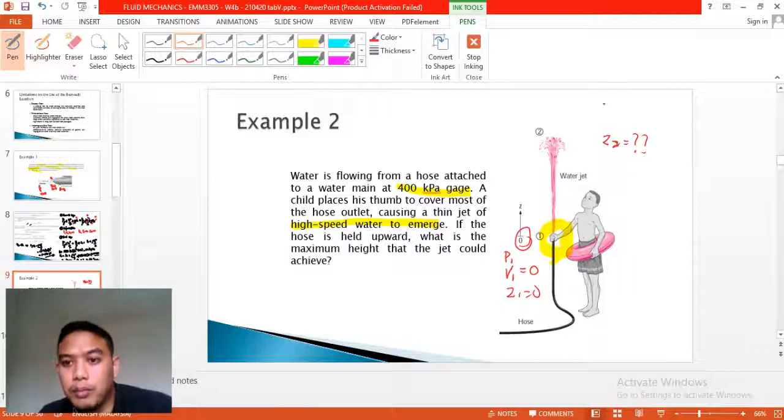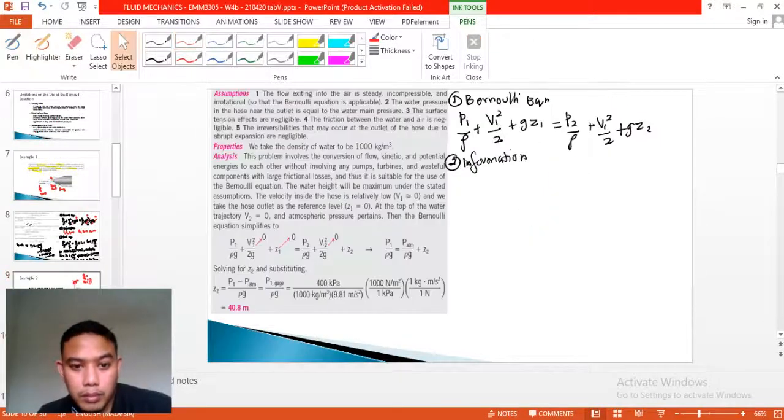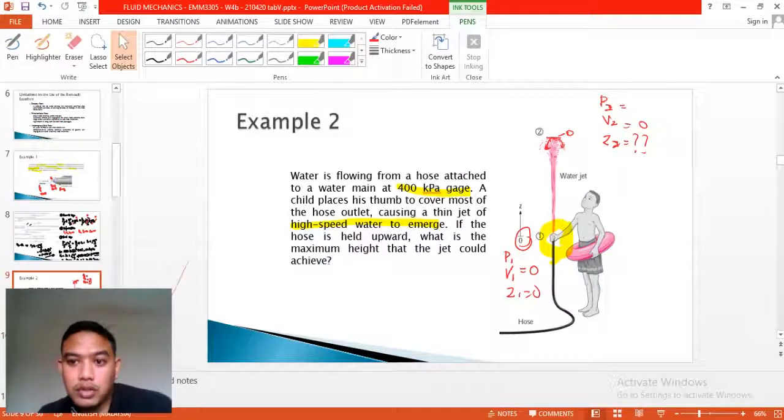Okay, for point 2, the value V2 is also equal to 0, because at this point there is the maximum height, where the water starts to go down. So V2 equals 0, and Z2 is what we want to find.